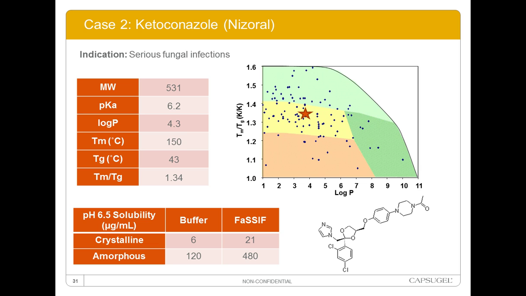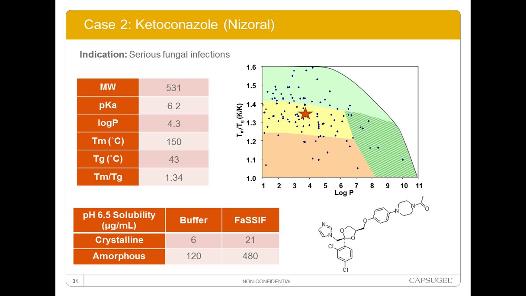And the amorphous enhancement here, instead of over 100, is a little bit more moderate, being about 30 or 35 times the crystalline solubility. Another critical difference of ketoconazole is that the pKa is much higher than itraconazole. It's at 6.2, so we're going to have a significant fraction of ionized drug in the intestine as well.